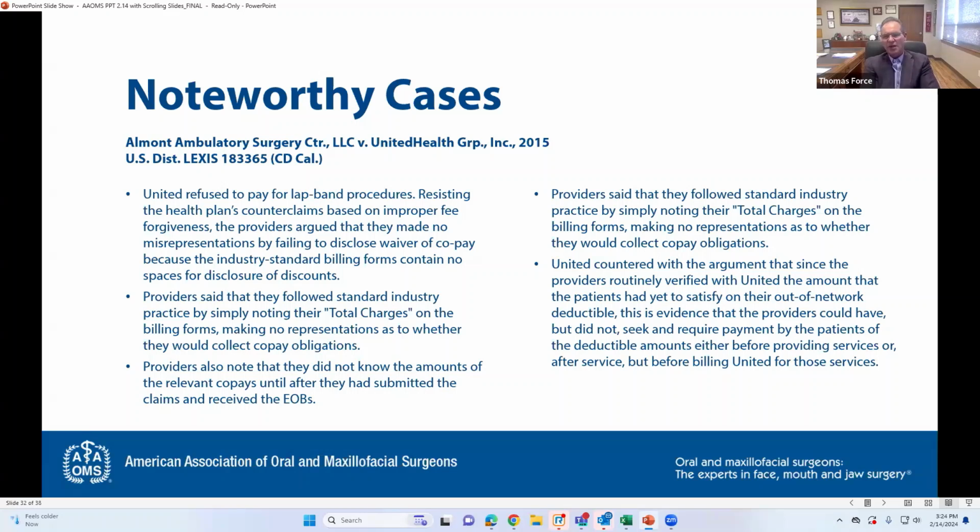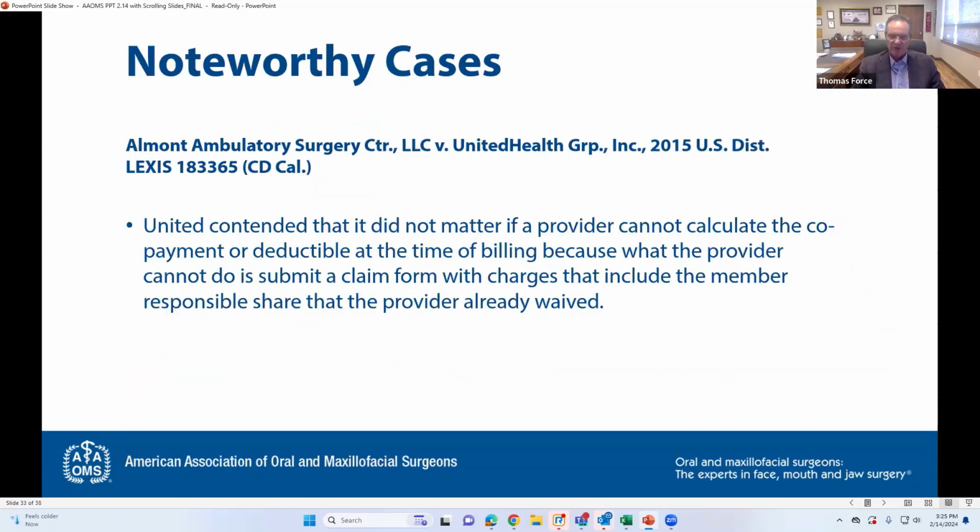The provider said that they followed industry standard by simply noting their charges on the claim form, making no representations as to whether they would collect copay obligations. They said they didn't have to. United countered with arguments that since the provider routinely verified with United the amounts that the patient had to satisfy for deductibles, there is evidence that the provider could have but did not seek and require payments by the patients of deductible amounts, either before providing services or after services but before billing United for these services.